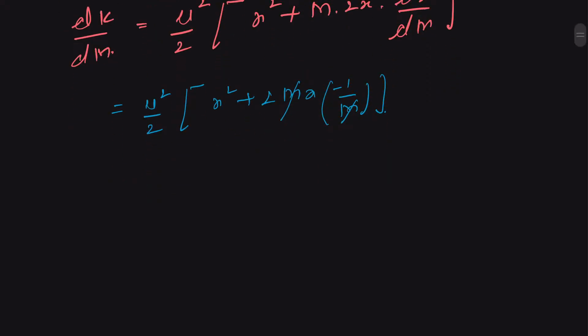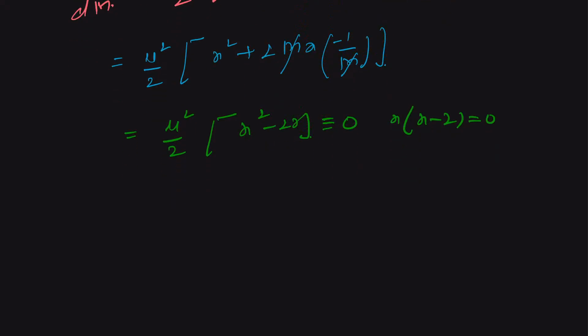So from here we get u square upon 2 times x square minus 2x, and the derivative for maximization is equal to 0. So we get x minus 2 is equal to 0, giving us x is equal to 2.